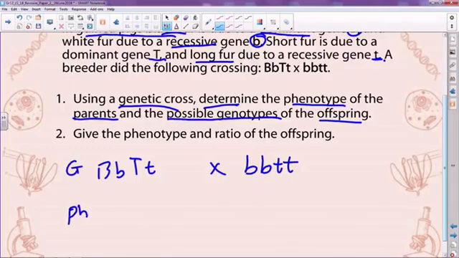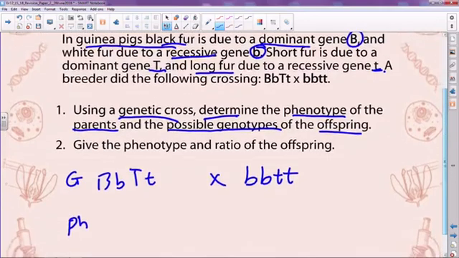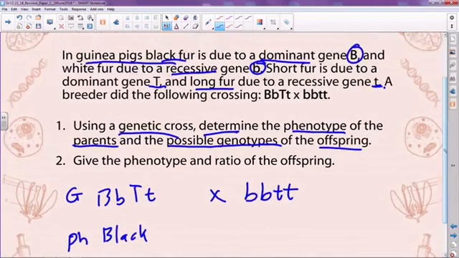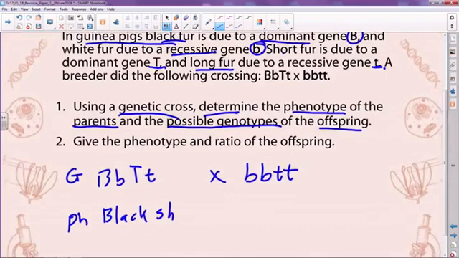Phenotype: it has a capital, and if it's got a capital you're only going to see the capital, and the capital is the dominant, which means it's got black, and it's got short fur, if I'm not mistaken. Big T is dominant, and long is recessive, so it's black and short.